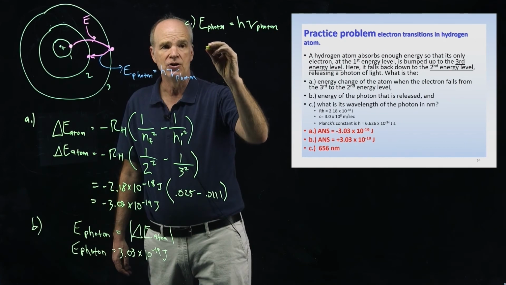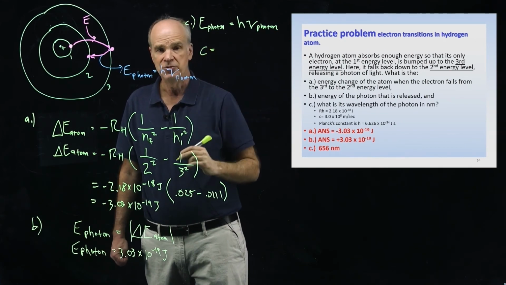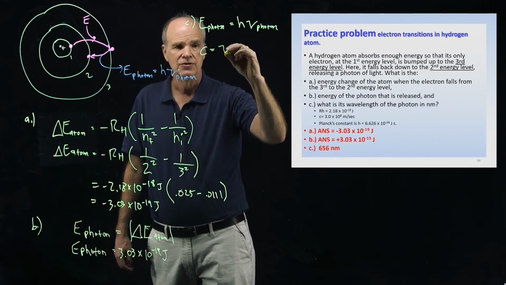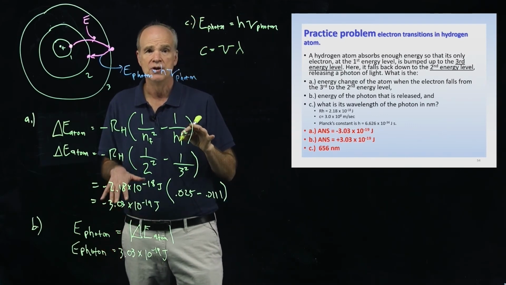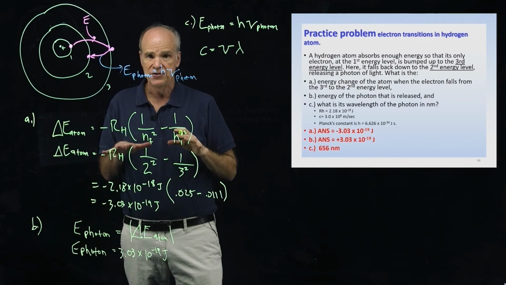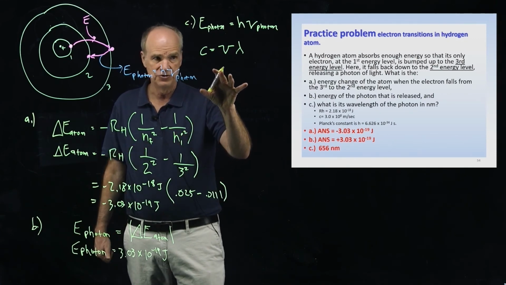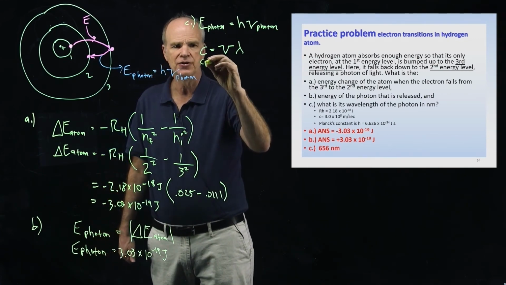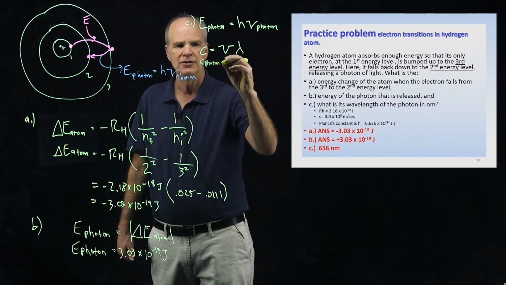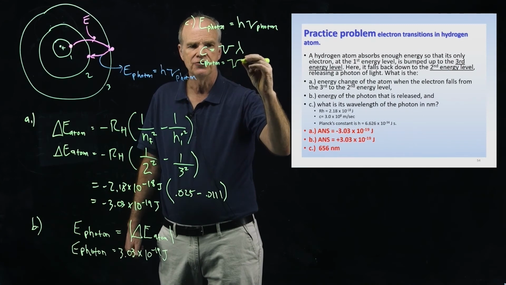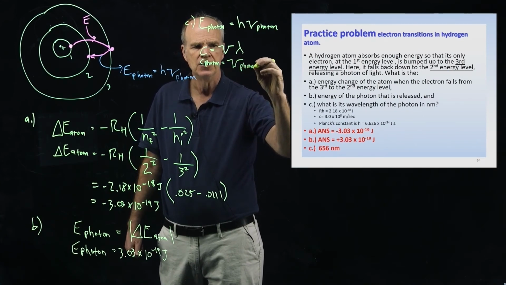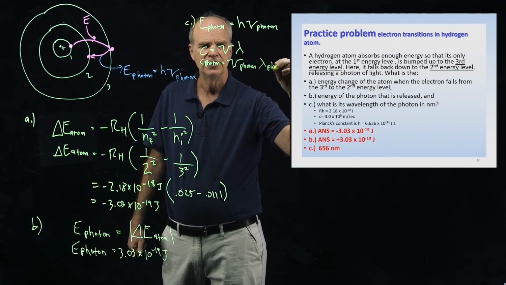So I also recall that the speed of light is equal to the frequency times the wavelength. And so this is true whether you're dealing with a lot of waves of light or whether you're dealing with one photon. So I could also say the speed of the photon, which is 3.00 times 10 to the 8 meters per second, is equal to the frequency of the photon times the wavelength of the photon.